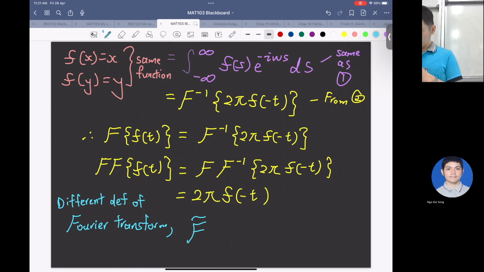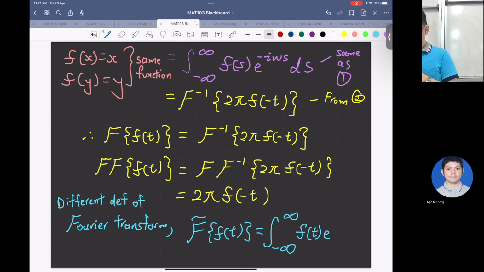If we define it in a different way, then we might not need the 2 pi factor, which is minus 2 pi i omega. If we define it this way, then we might not need the 2 pi.